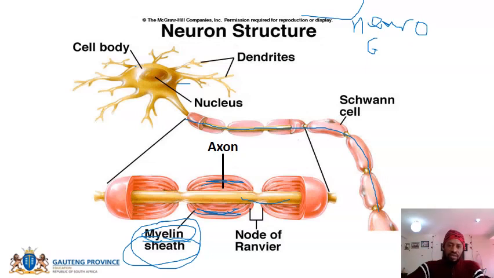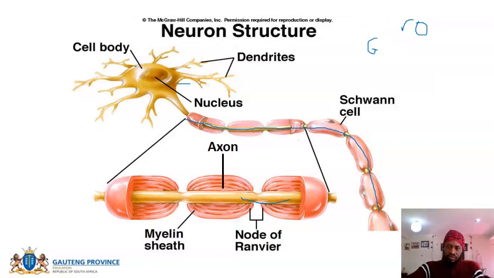Now, what then is the function of this layer of fat? Fat is an insulator, otherwise the opposite of a conductor. Conductors are materials that allow heat and electricity to pass through them, moving from one point to another. Insulators are the opposite. They don't allow heat and electricity, like plastic, for example, to pass through. The scenario with the axon and the myelin sheath is the same as with electric cables.